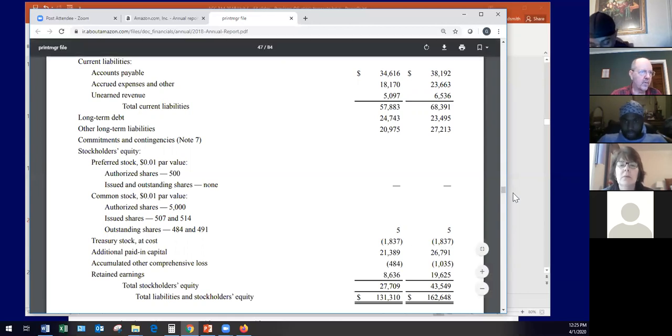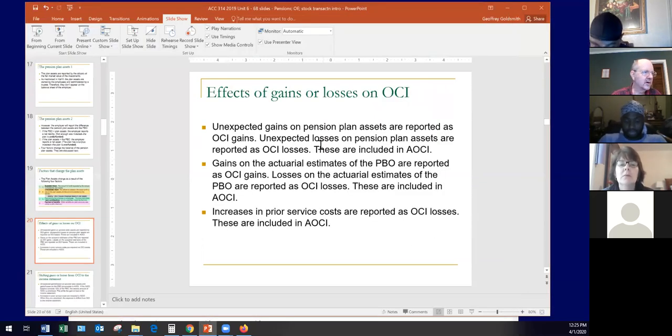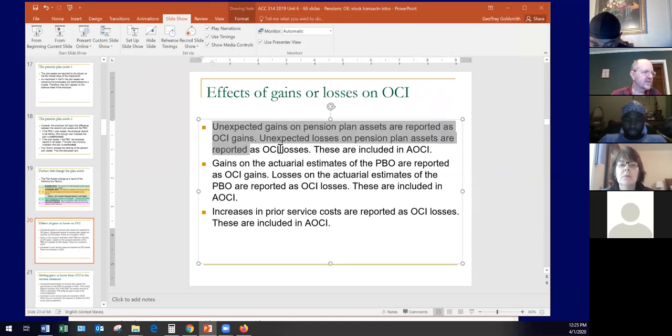So what we're saying is that the changes, the gains and losses, are reported on the statement of comprehensive income. And then the ending balance is on the balance sheet in the account named accumulated other comprehensive income. Also, the statement of owner's equity shows the changes.